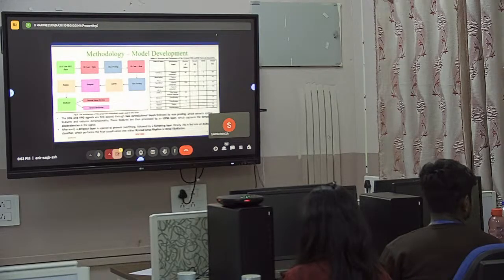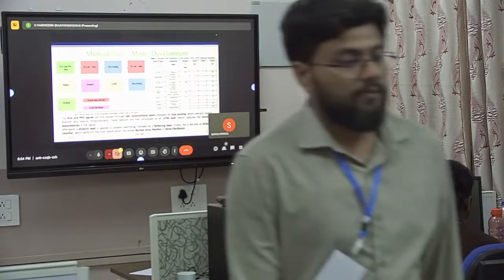The output from the max pooling layer is given to the LSTM layer, which captures the temporal dependencies, and it also knows what kind of data has to be kept in the memory and what kind of data has to be discarded.